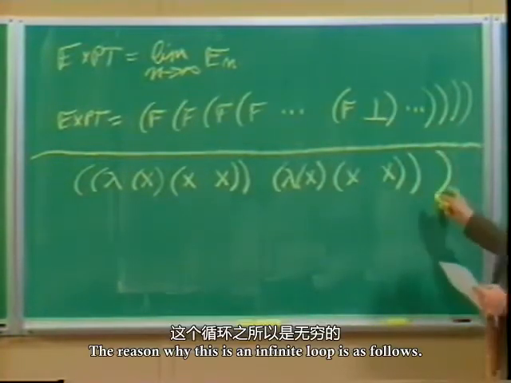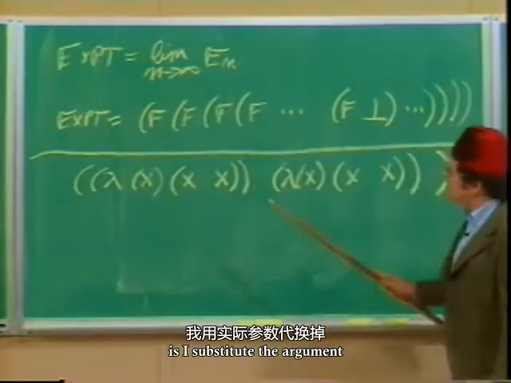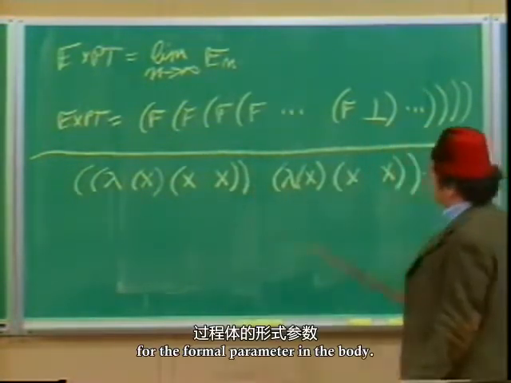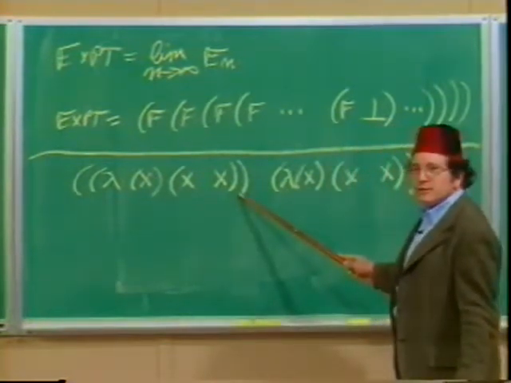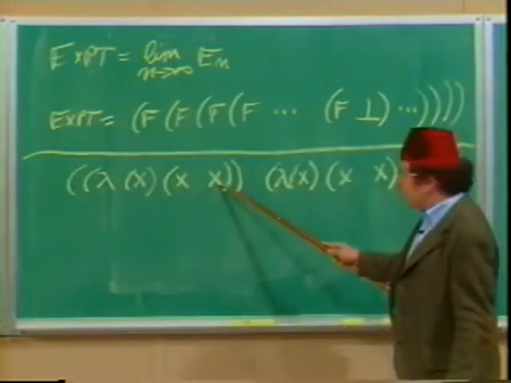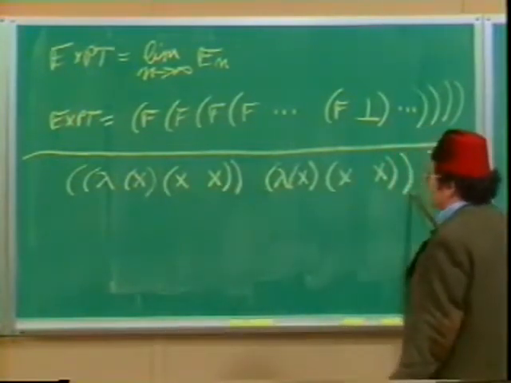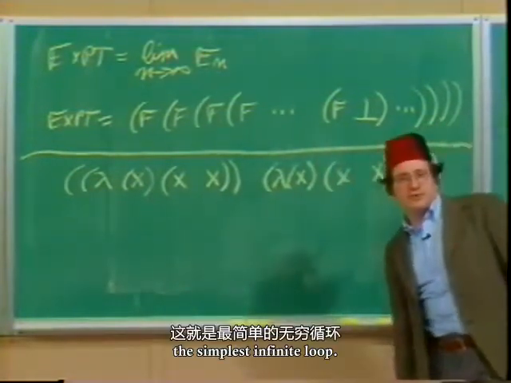Now the reason why this is an infinite loop is as follows. The way I understand this is I substitute the argument for the formal parameter in the body. But if I do that, for each of these x's I substitute one of these, making a copy of the original expression I just started with. The simplest infinite loop.